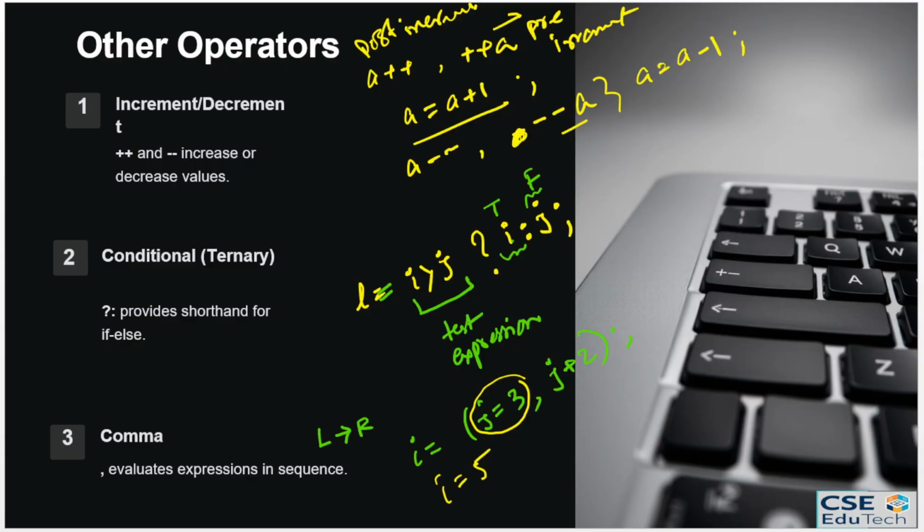Now we will give some more examples related to increment as well as some other operators. First I will give an example of this. Suppose I have this code: void main, or int main can also be right.